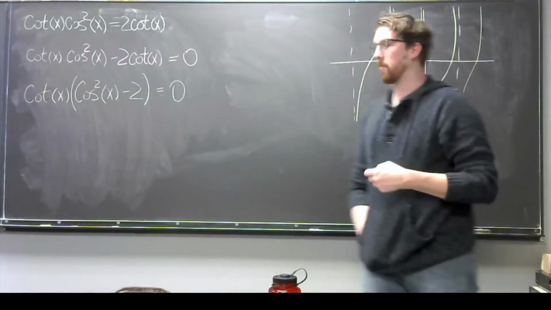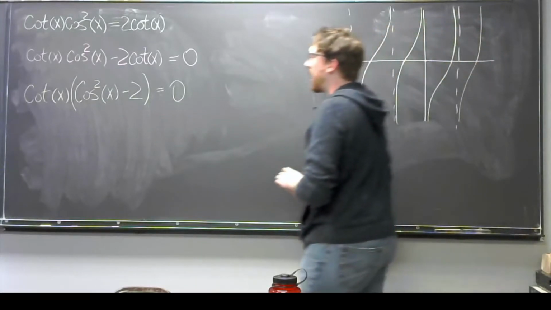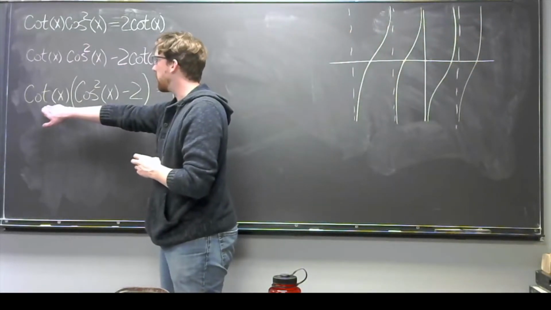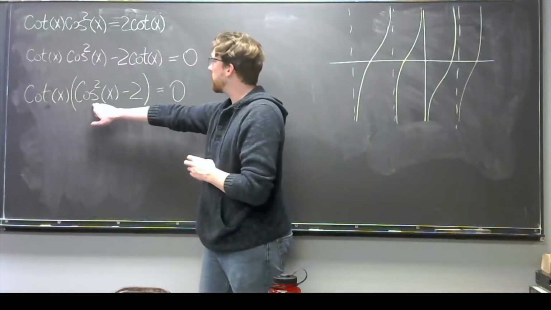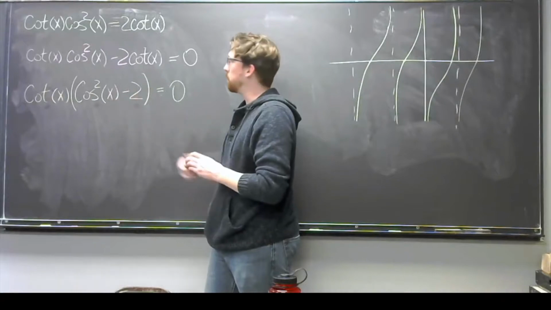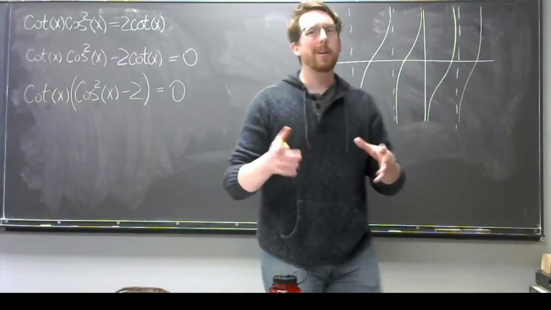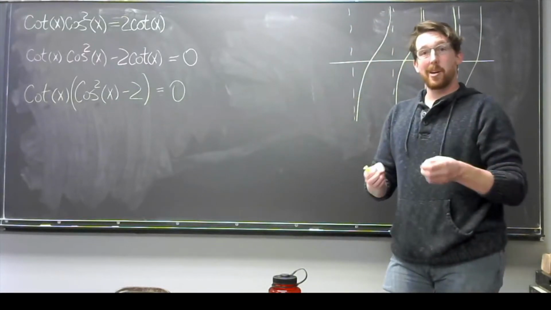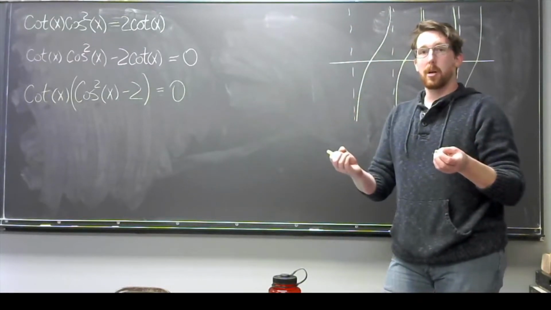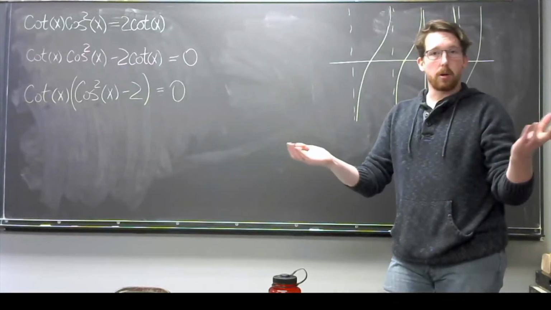Now this tells us something. What it tells us is that either cotangent is equal to 0 or cosine squared minus 2 is equal to 0. How do we know that? We know that because the only way you can get 0 by multiplying two numbers is if one of them, or both of them, are 0.